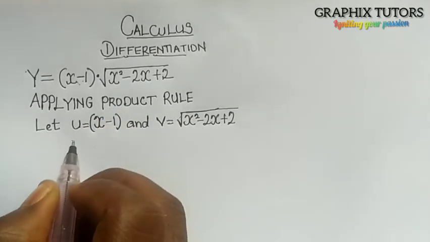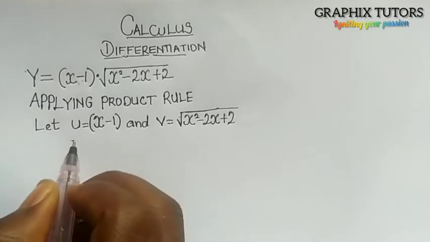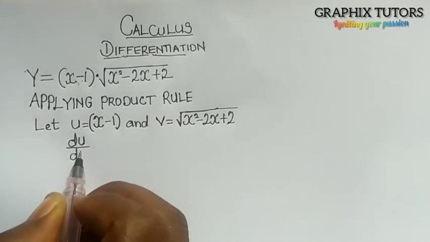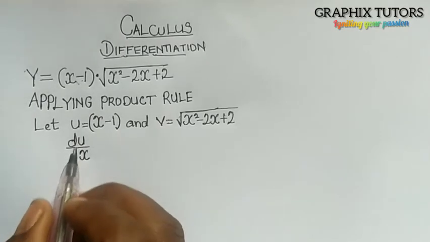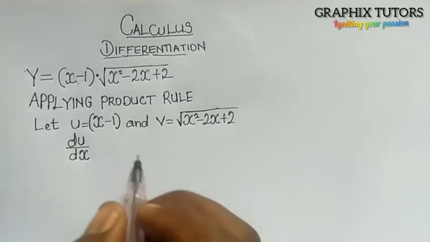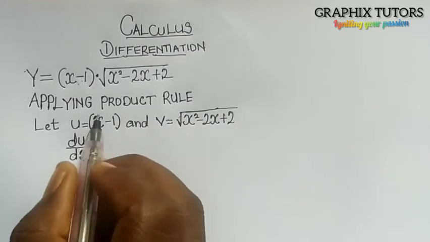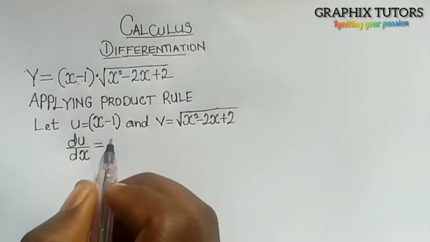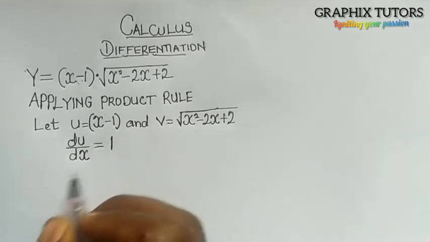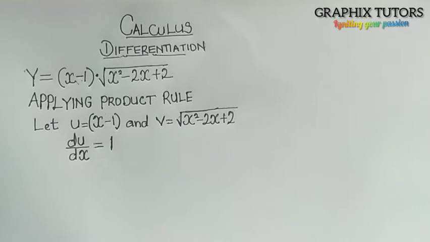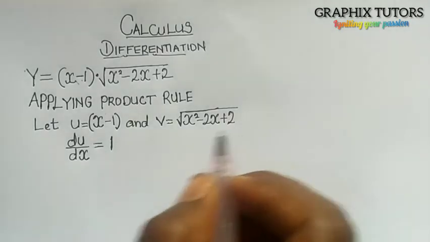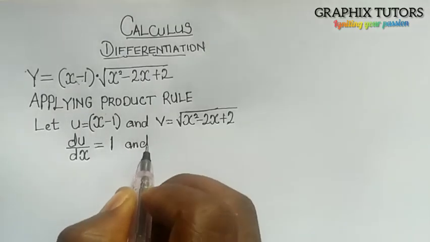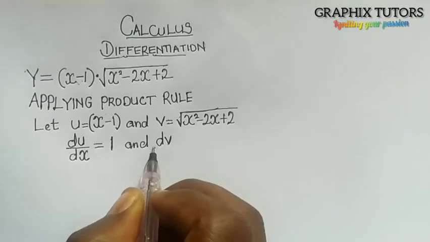Differentiating u with respect to x: du over dx equals, since x has the power of 1, differentiating gives just 1, and differentiating a constant gives 0. So we have just 1 here. Now also, we differentiate v with respect to x.